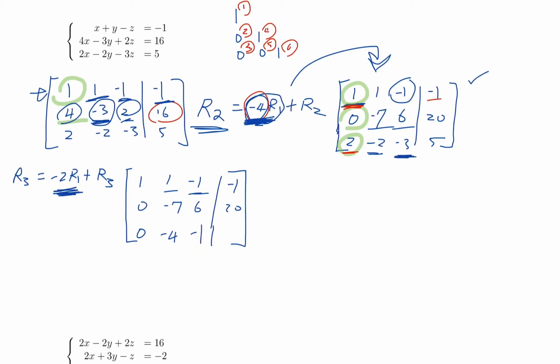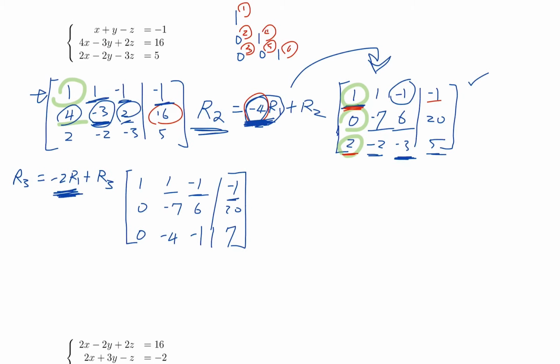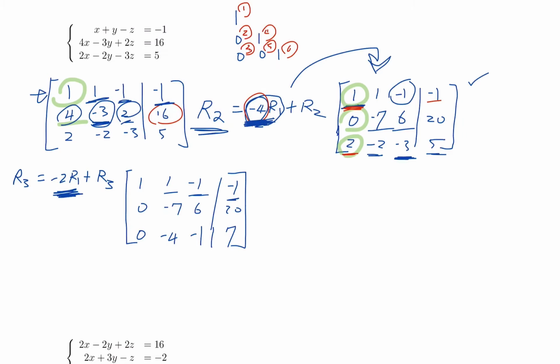Negative 2 times negative 1, positive 2 plus 5 gives me 7. Okay, so that's good. So now we want to make this 1.